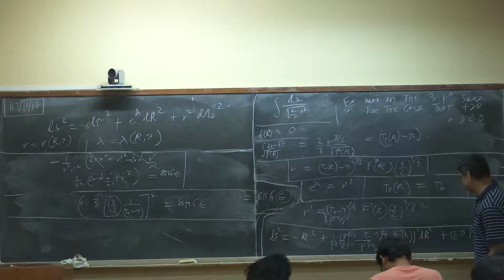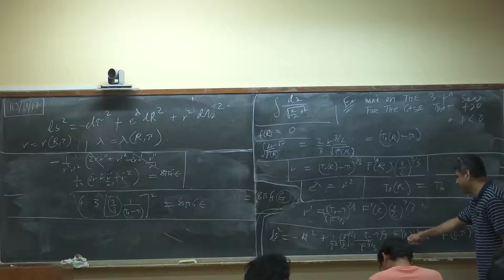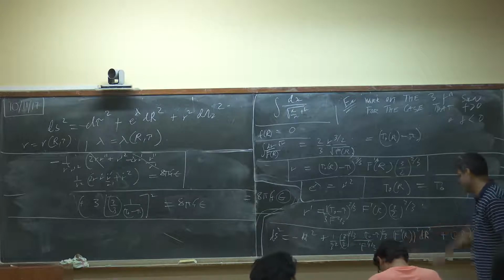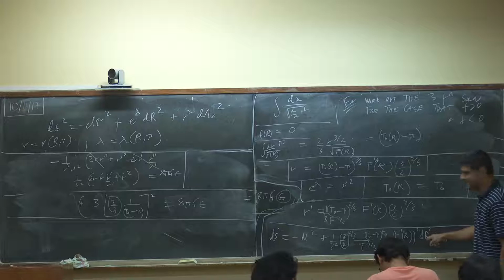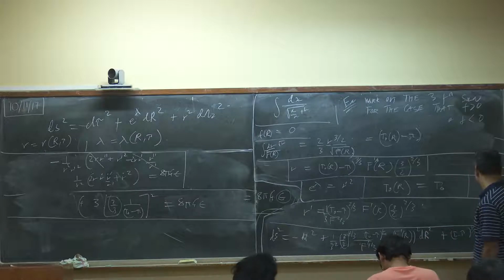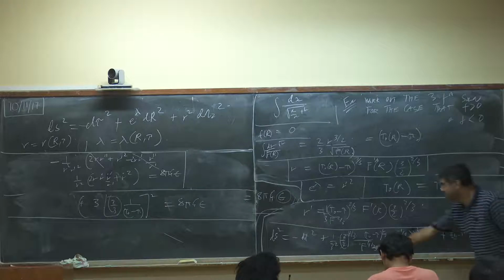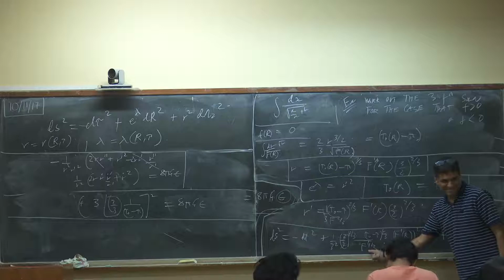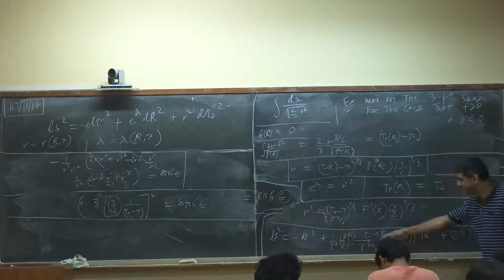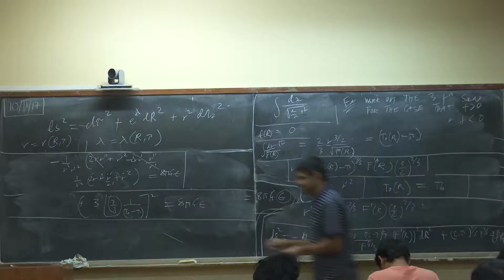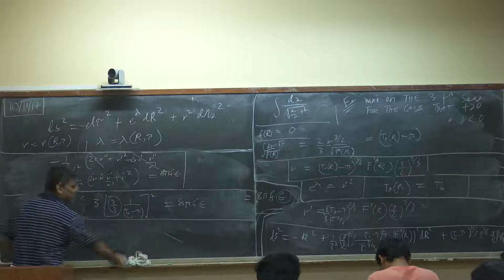You can move to f as your variable, for instance, because f prime dr is df. Exactly. So if we move to f as our variable, this whole thing becomes very simple because everything is now just in terms of that variable. Let's do that. There's no reason not to.